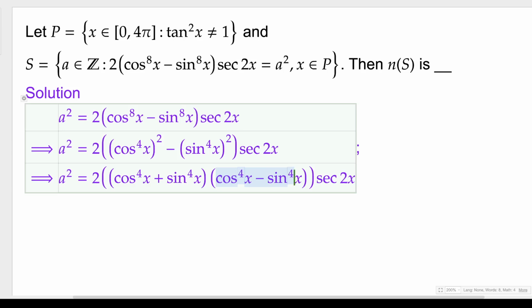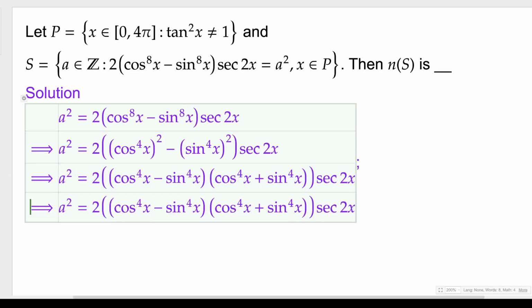Here again we can decompose this part. So I'll take this and decompose this part, writing it at first and then decomposing it in the next step.